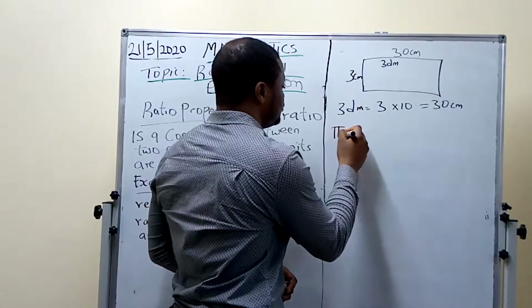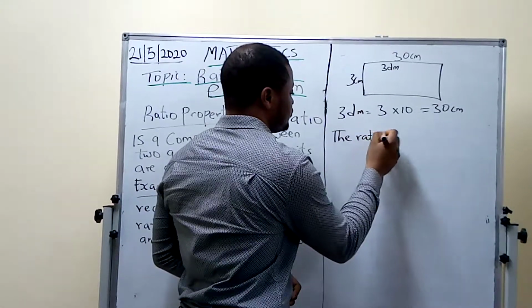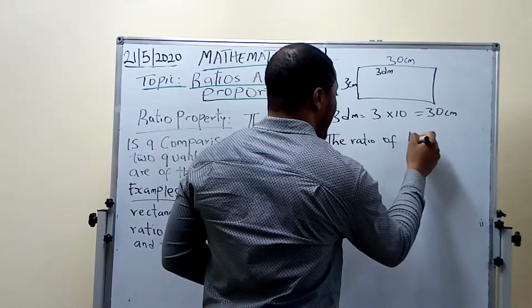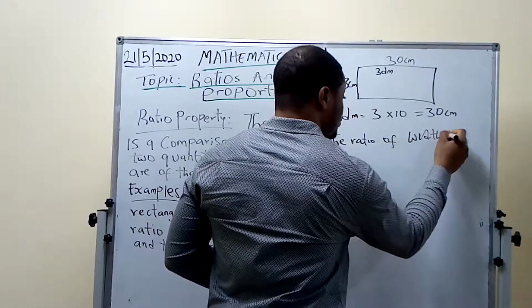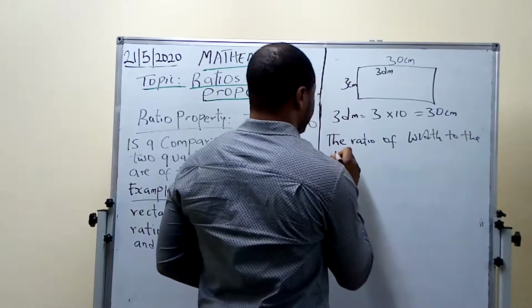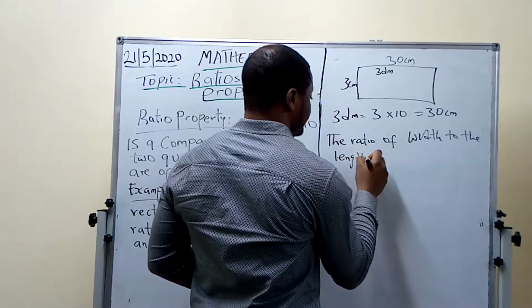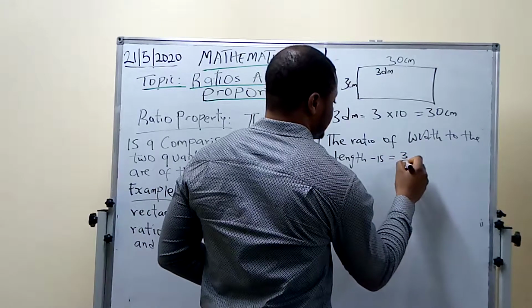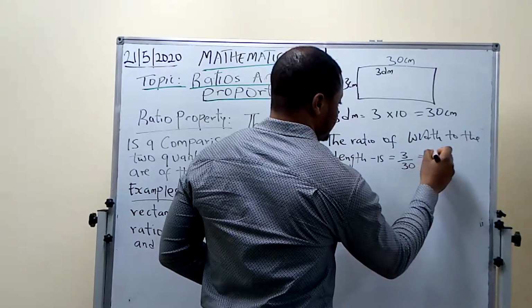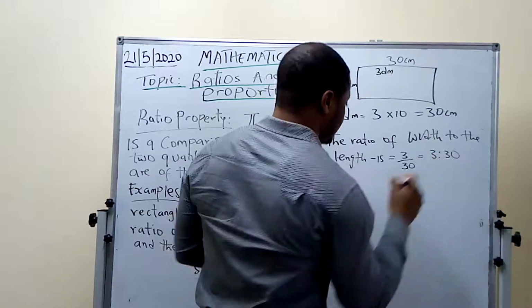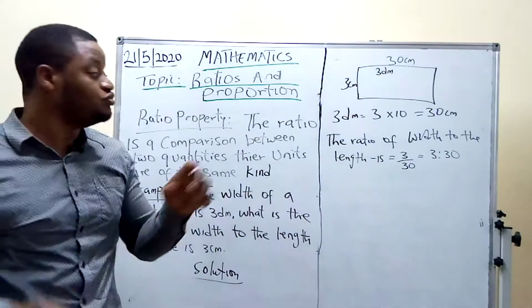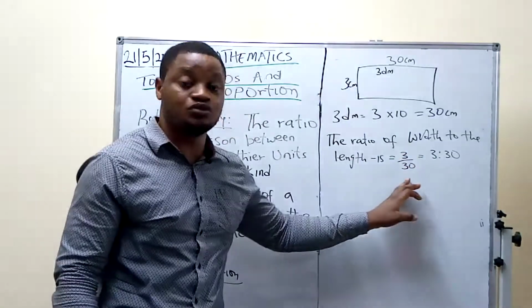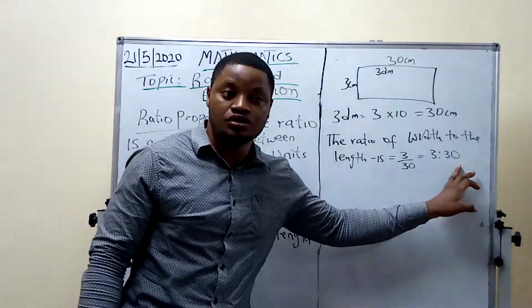The ratio of width to the length, from the question, is 3/30, which is 3:30.